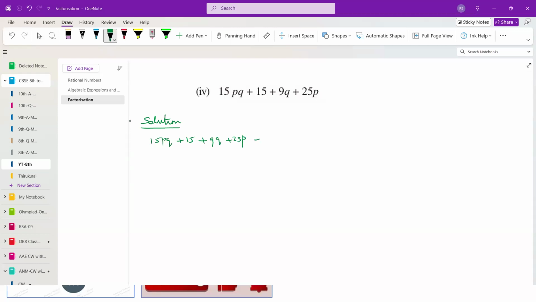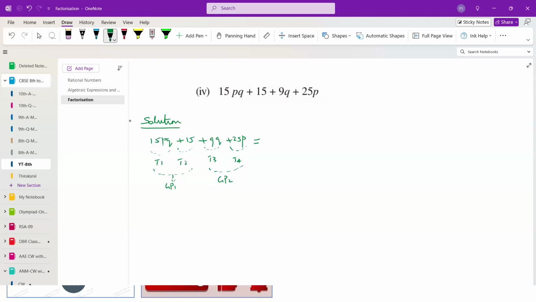We need to group this. 15pq is term 1, plus 15 is term 2, plus 9q is term 3, plus 25p is term 4. So you can group T1 and T2 as group 1, T3 and T4 as group 2.